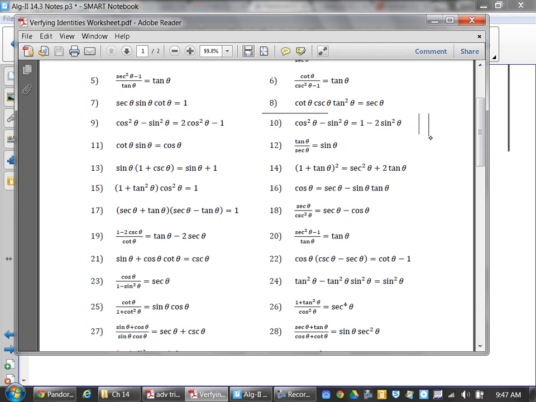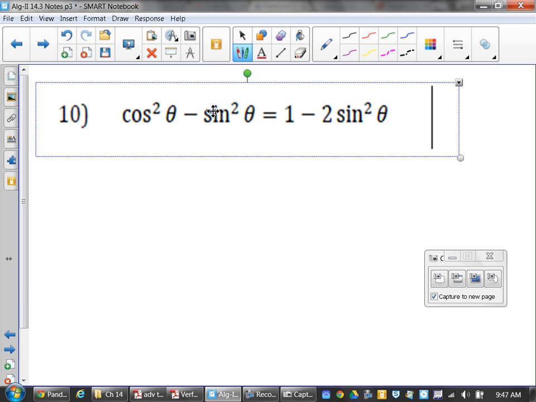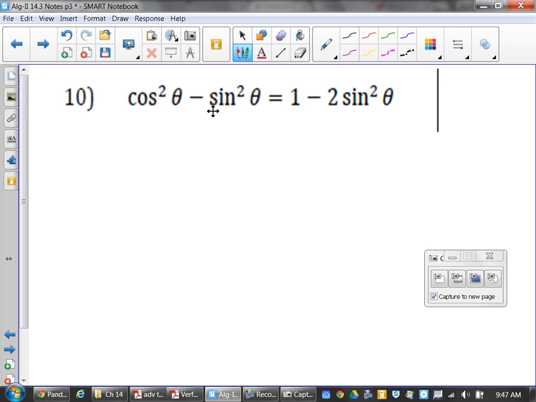And this kind of leads us into a couple examples I want to talk about today, as far as how we can use trig identities to help solve equations. In this case here, if I wanted to show that cosine squared minus sine squared equals 1 minus 2 sine squared, that shows that cosine squared went away.